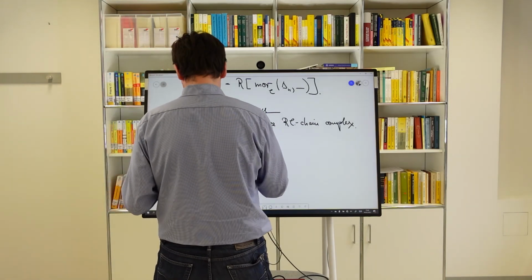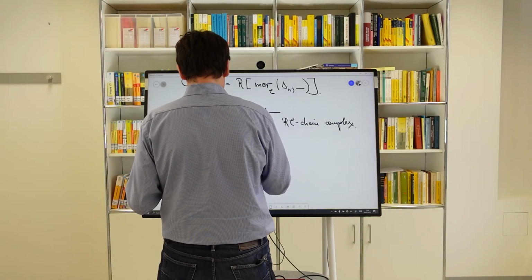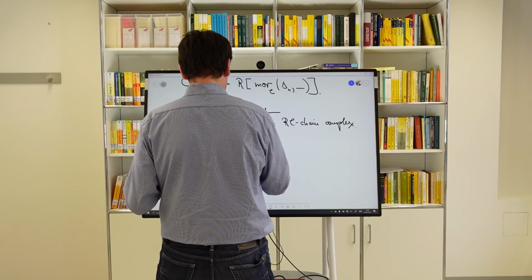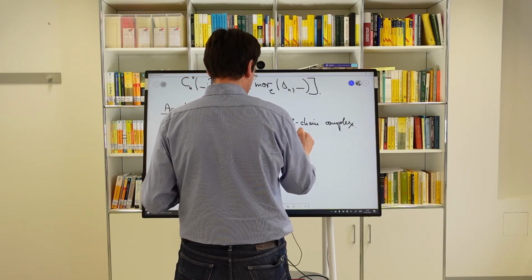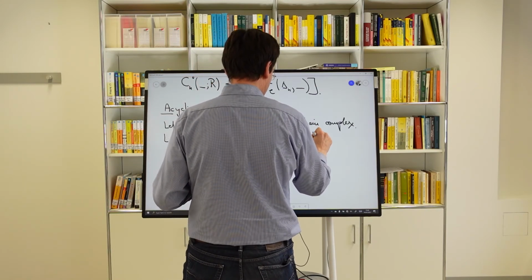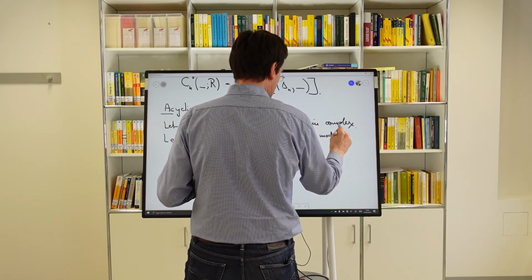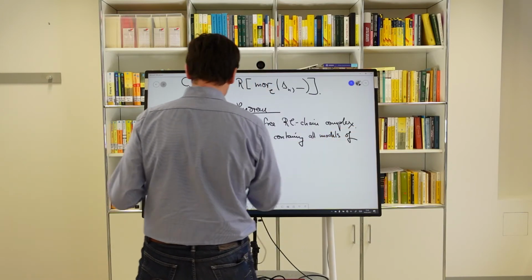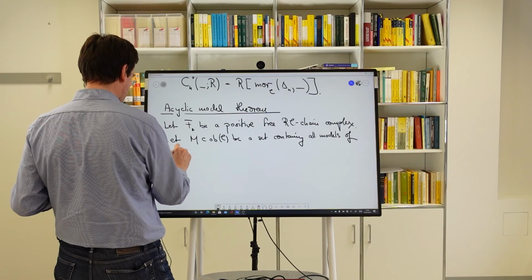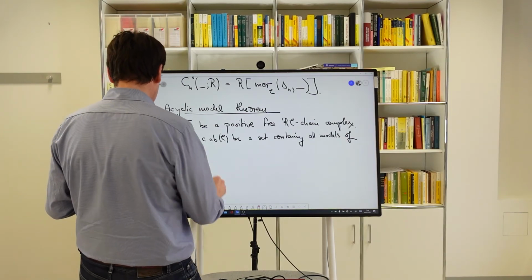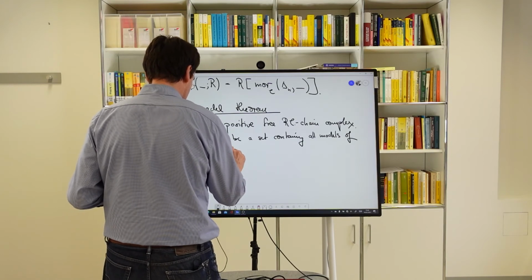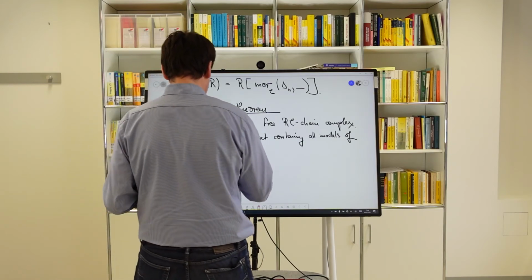So let M be a set containing all models of all Fn, put them all together, and let G star be another chain complex of R C modules.